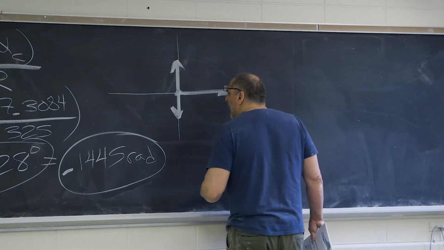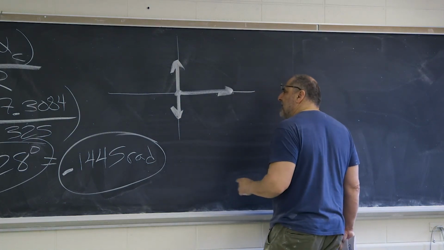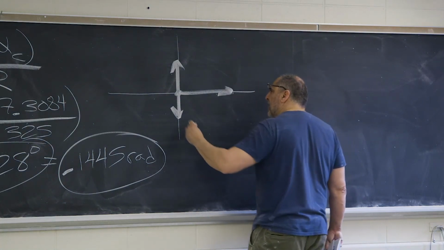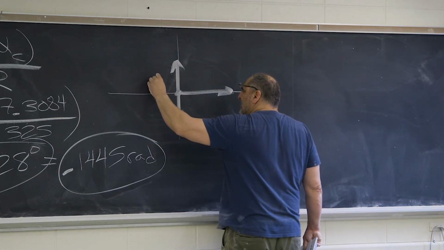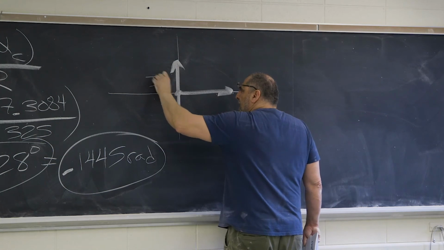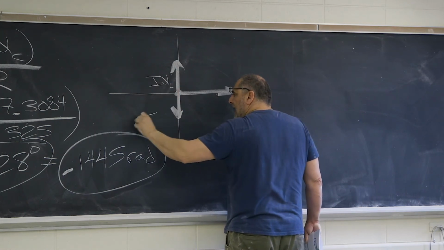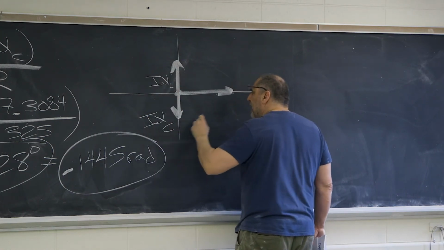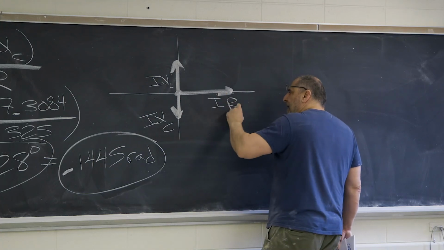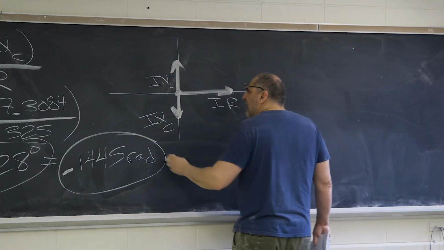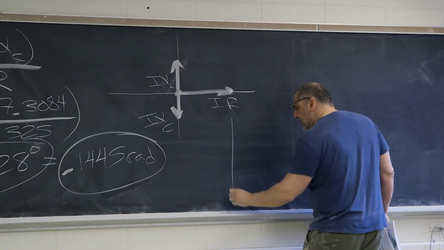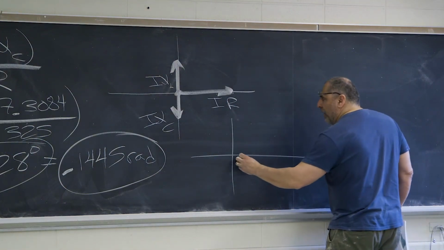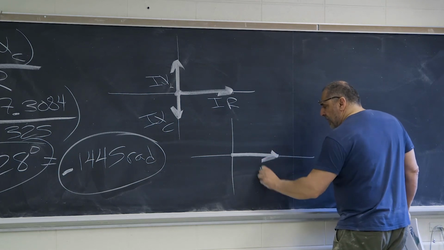The I is going to be the same in this series circuit, so it's going to be the voltage associated with IXL, IXC, and IR. If I is the same, it cancels out, and the whole thing reduces to R.